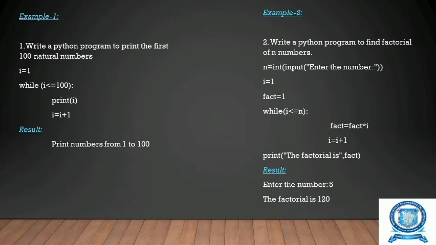Then it is incremented so that i is equal to 101. Now again it is checked: 101 less than or equal to 100. This condition becomes false, so it comes out of the loop. Until then we have printed all the numbers, so the result is 1 to 100 printed.